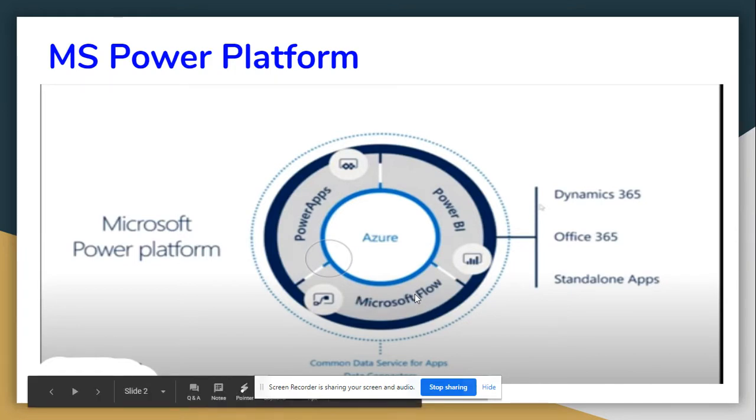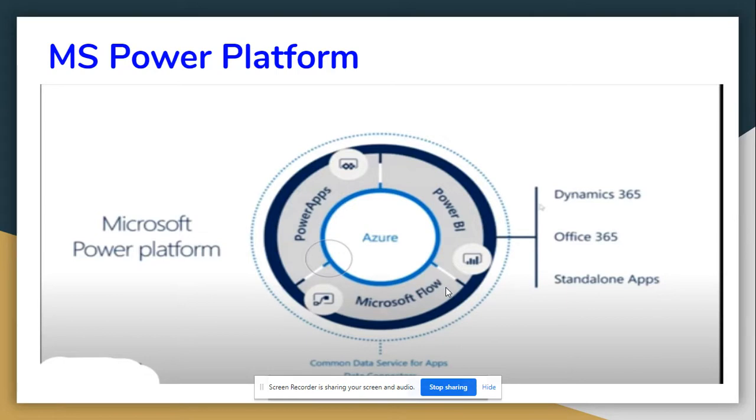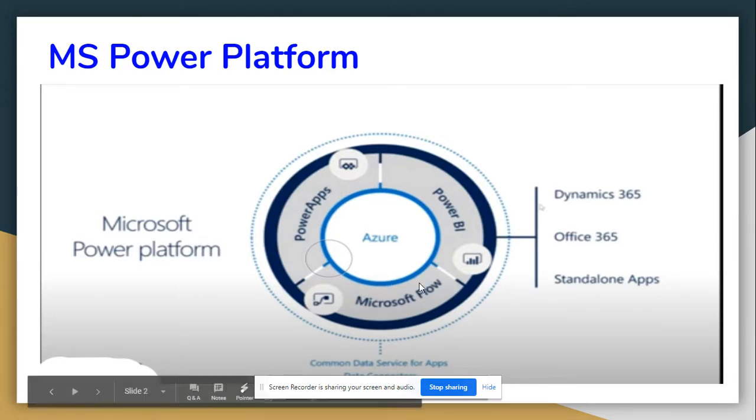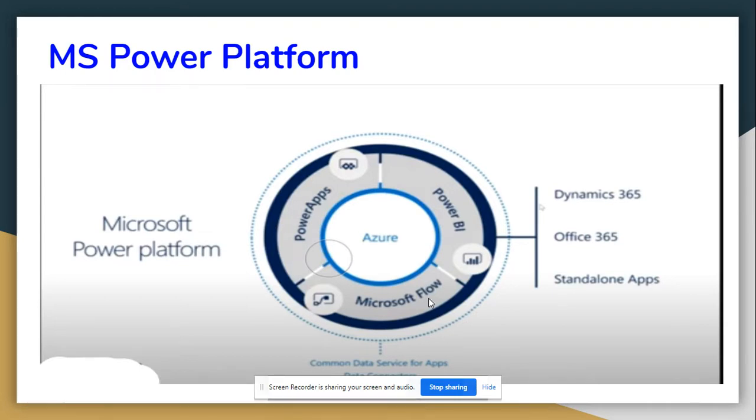This is an old diagram. Actually, this name is renamed as Power Automate. Right now they have not changed it everywhere, but they are going to change the name of Microsoft Flow to Power Automate. With the logic we do, we normally give a manual input, then the logic triggers and performs whatever automation we want.